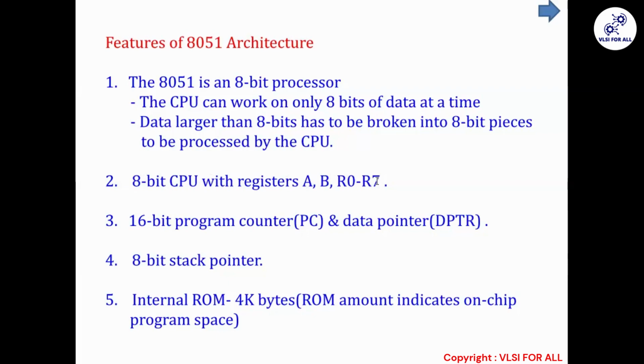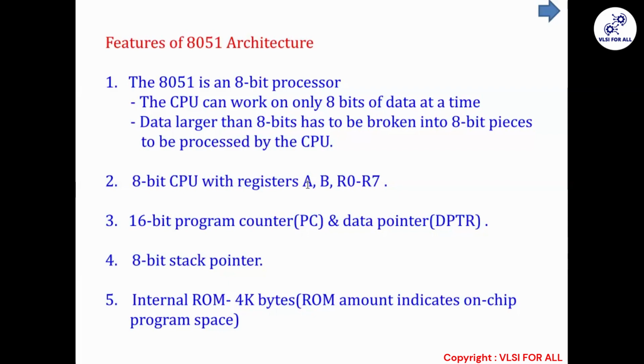This A is the accumulator and B is the supporting register. These two registers work directly in conjunction with your CPU. Whatever data you have to work on, where do you have to bring it? To this accumulator.